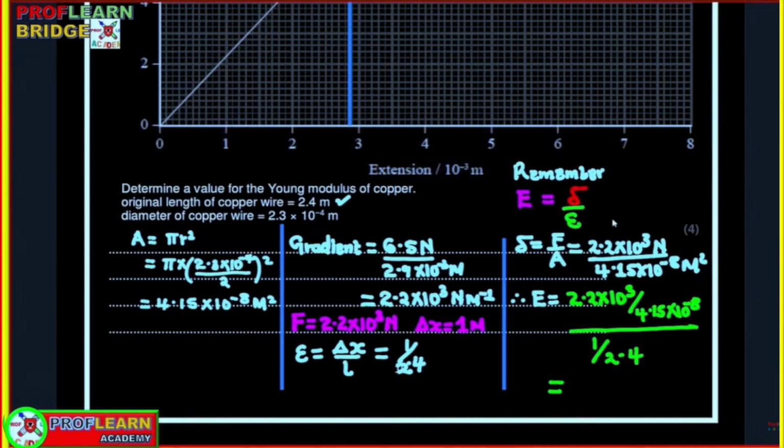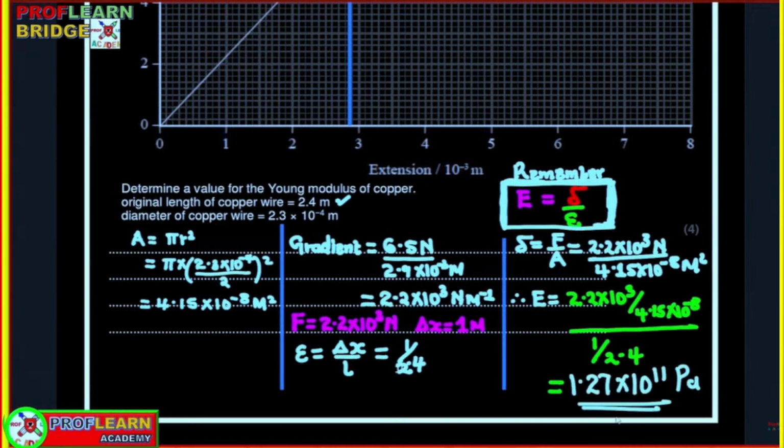Okay, that was just a reminder that Young's modulus is stress over strain. Now let's go down here and try to work out the final answer using our calculator. Yeah, 1.27 times 10 raised to the power 11 pascals.